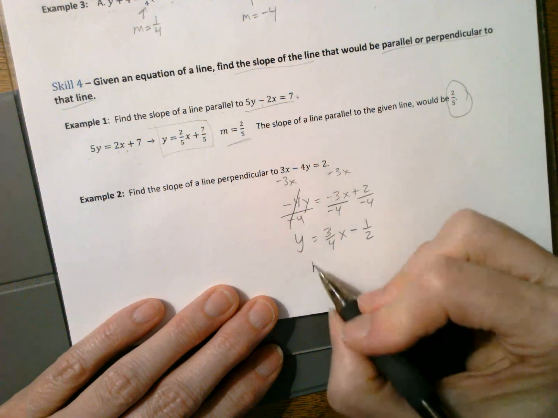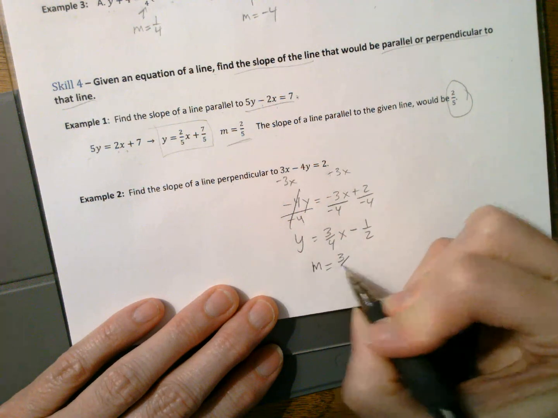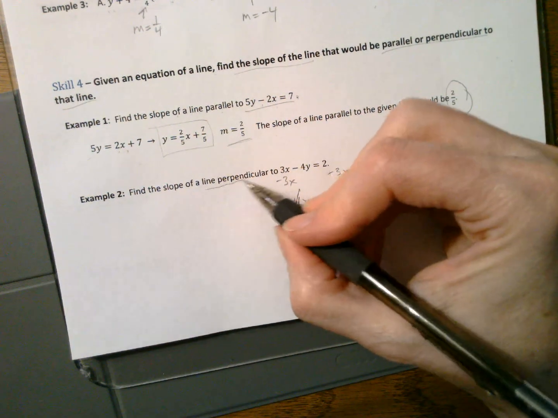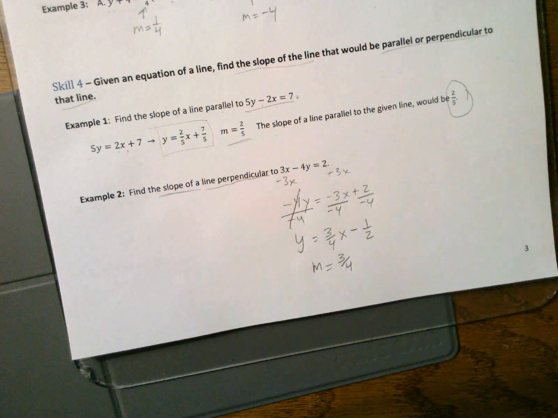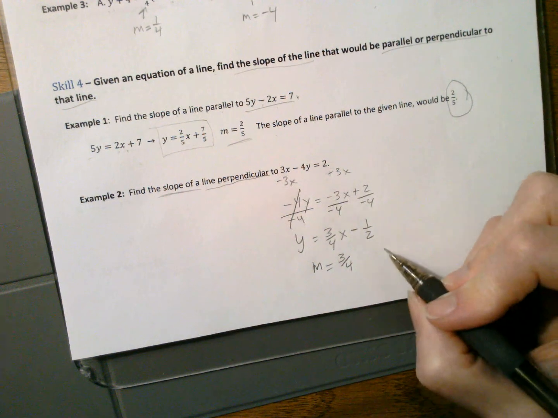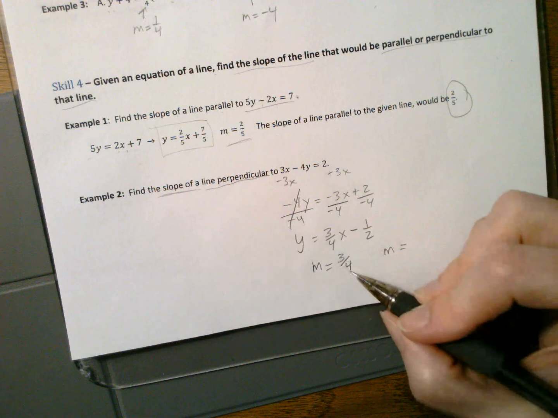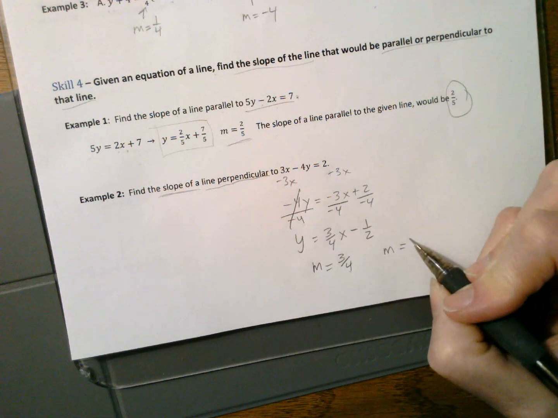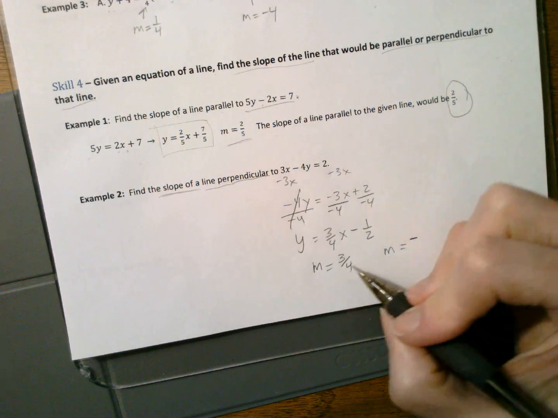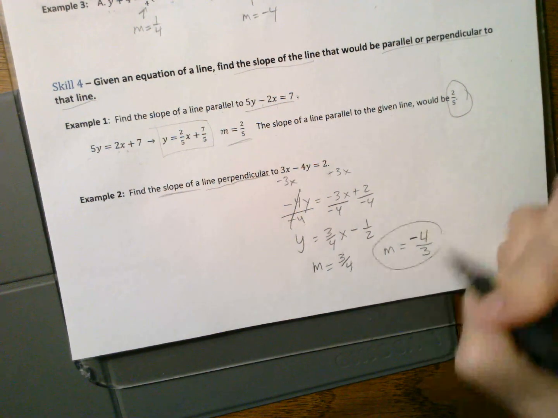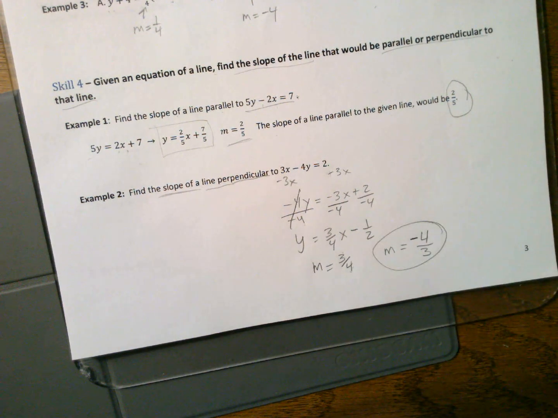Don't really care about the b. I did all that to find out the slope of the given line is a positive 3/4. So what would be the perpendicular slope of 3/4? Well, this is a positive 3/4, so this would be a negative, and then flipped it would be 4/3, and that is all they're looking for there. Okay.